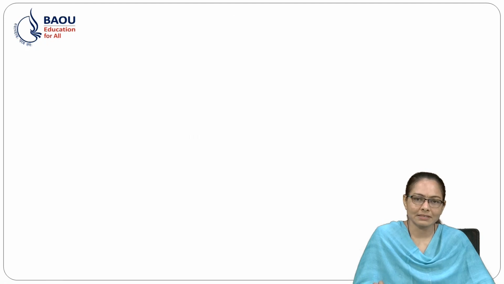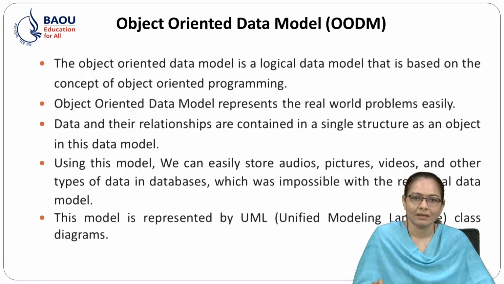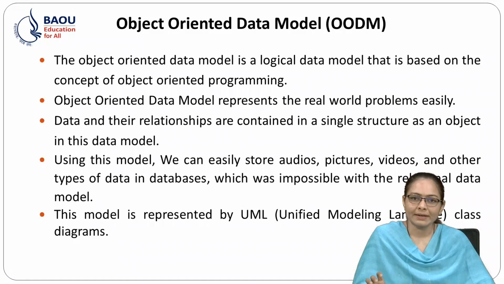Now the next is the object oriented data model, called OODM. The object oriented data model is a logical data model based on the concepts of object oriented programming like C++, Java, etc. It represents real world problems easily.